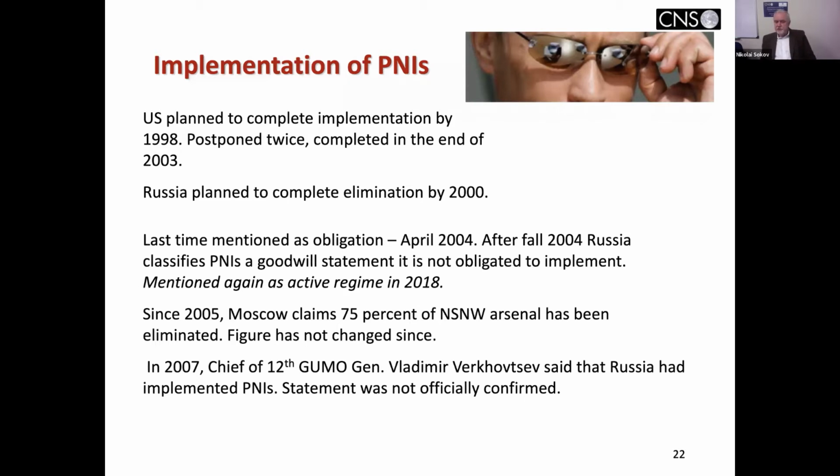So that 2004 statement that Russia no longer considers itself bound by the 91 regime was really not about nuclear weapons or their numbers or nuclear capability. It was more of a political statement about how Russia treated informal regimes. And we will come to that a little bit later.